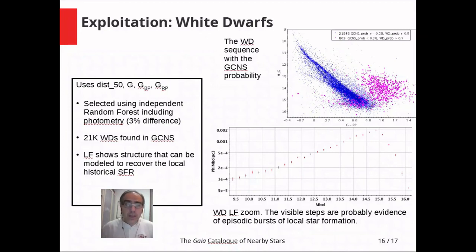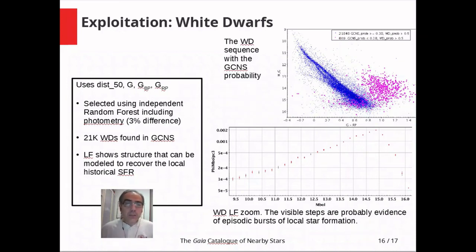And until Gaia, very few of them were known. To identify this white dwarf sample, we used a random forest algorithm similar to what you have seen in the previous sections of the paper, but this time also using the photometry, not only the position, the distance and the proper motion, but also the color and the magnitude of the stars, and also their uncertainties.